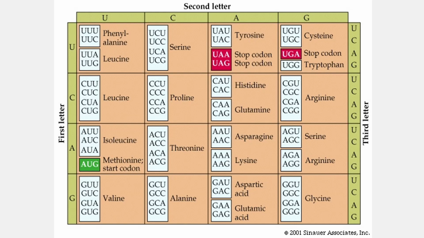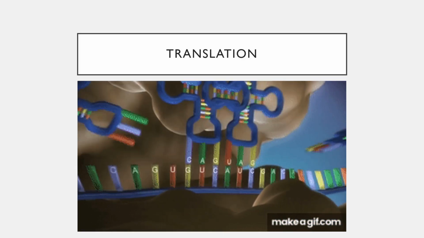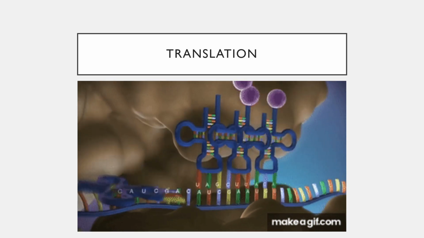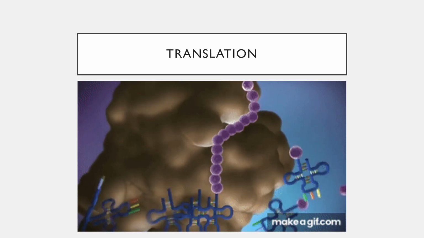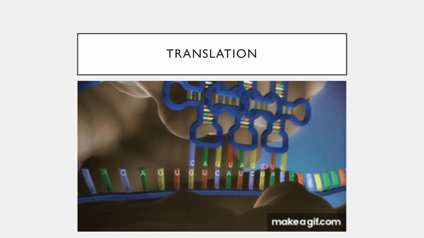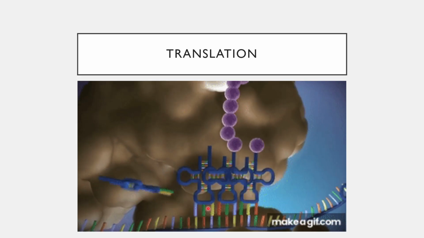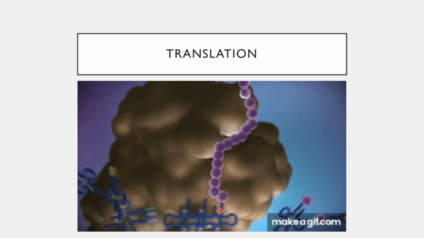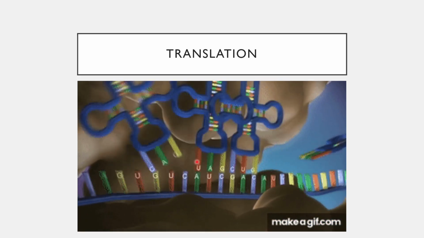So now we're going to take a little look here at an animation that shows how this process works. So what we're looking at here is the process of translation being carried out inside of a ribosome, which is the large brown blob that you see in the background. We can see that the messenger RNA is being threaded through the ribosome, and that the ribosome is bringing in a matching tRNA molecule for every set of 3 letters that happens to pass through the ribosome.